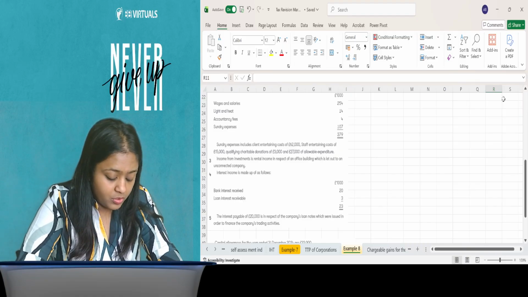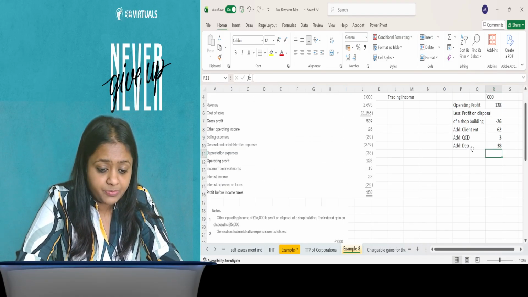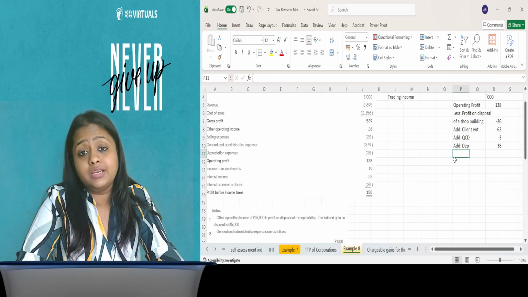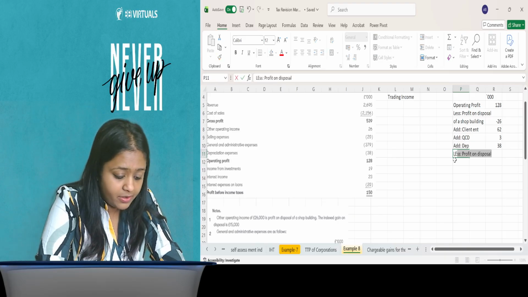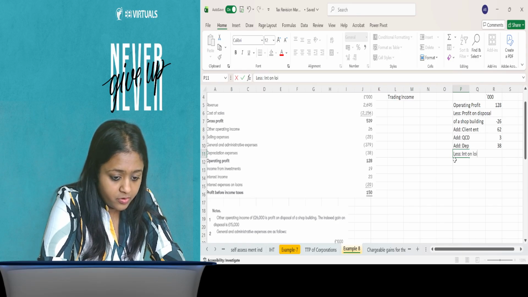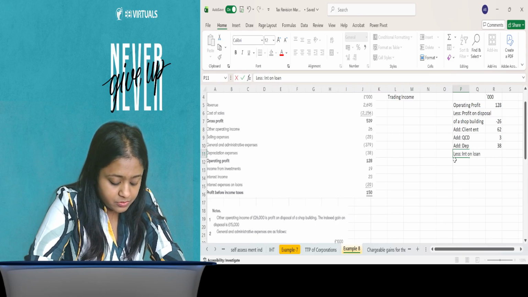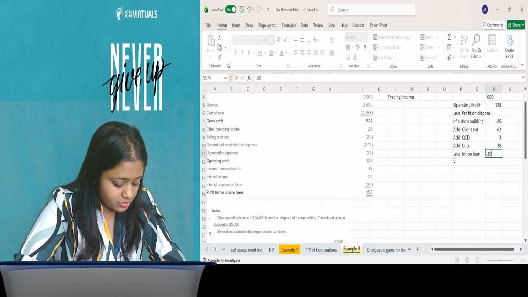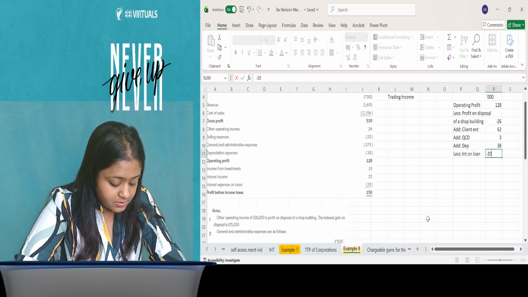So it is a loan note issued to finance the company's trading activities. Therefore it is the loan interest relating to business purposes, right? So I will reduce here interest on loan, which is 20,000, right? It is 20,000. Now do we have any other pointers?